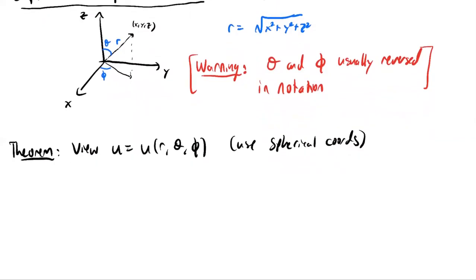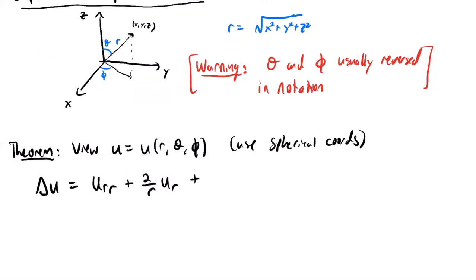Then the Laplacian of u can be calculated in the following way: you take the second derivative with respect to r plus 2 over r times the first derivative with respect to r. These are the two so-called radial terms which involve the parameter r, which is related to the radius of the sphere that your point lies on.